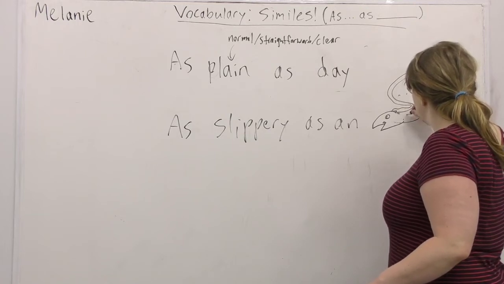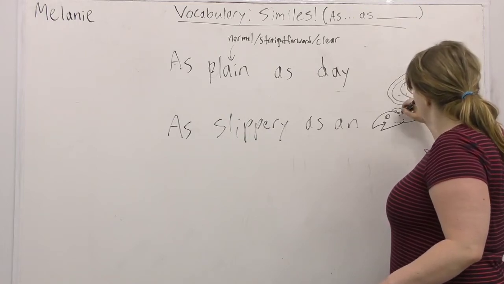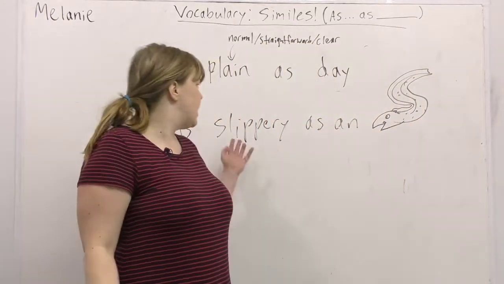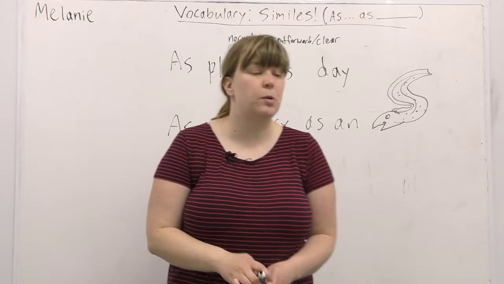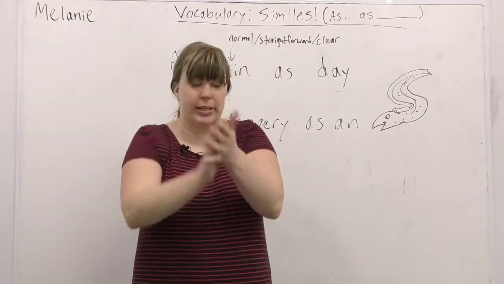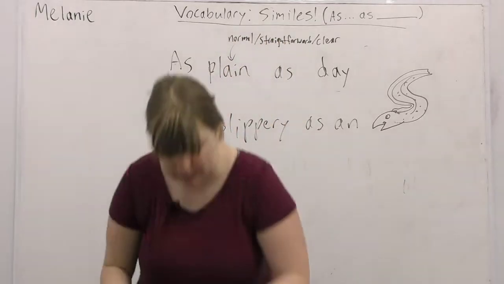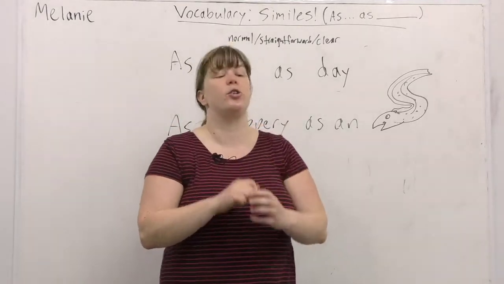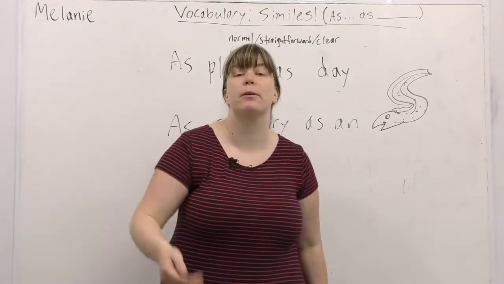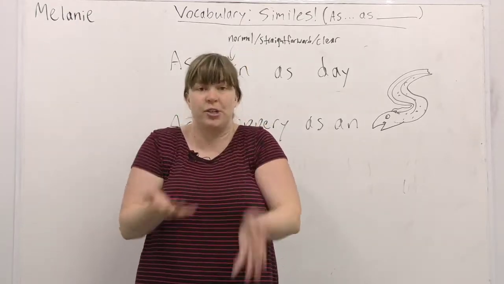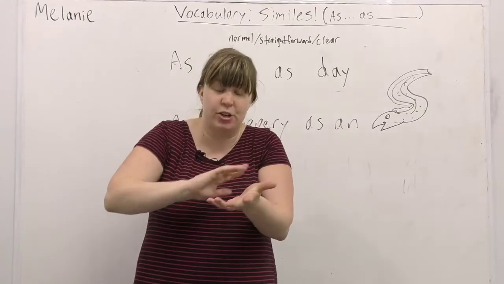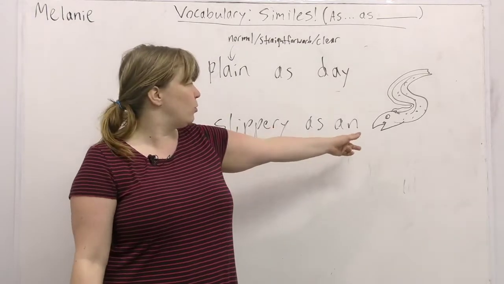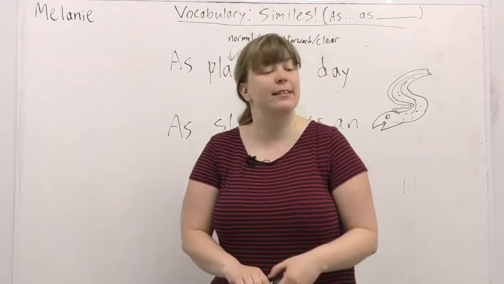Maybe it has spots on it. Okay, there we go. And what does slippery mean? So slippery means it's hard to grasp. So let's say if my bottle's slippery, it's really hard to hold on to it. Fish are slippery. If you try to hold a fish, it's really hard because the fish is really slimy and slippery.